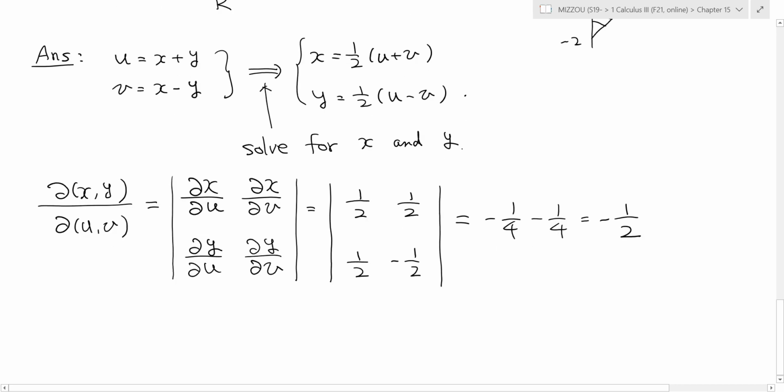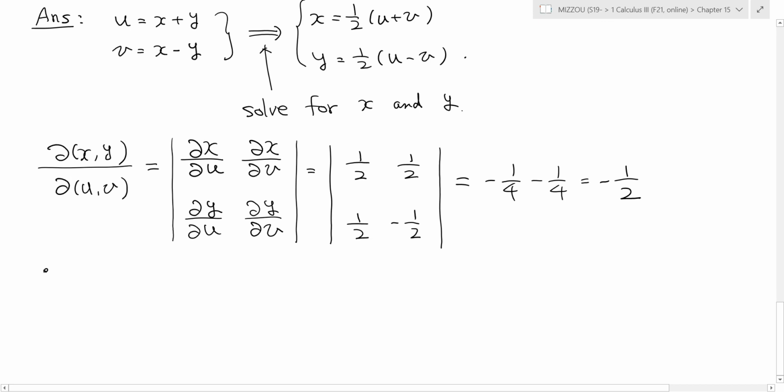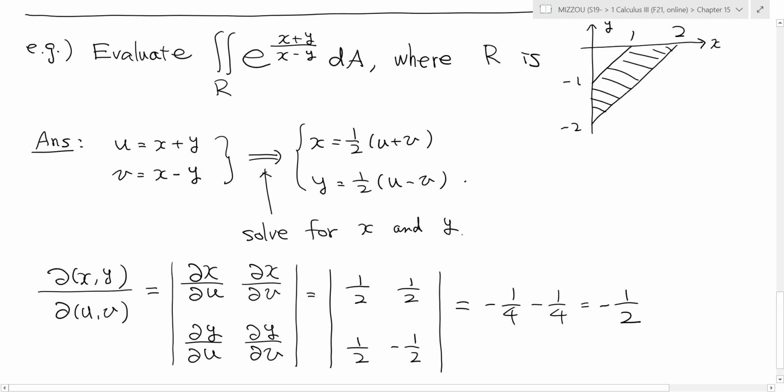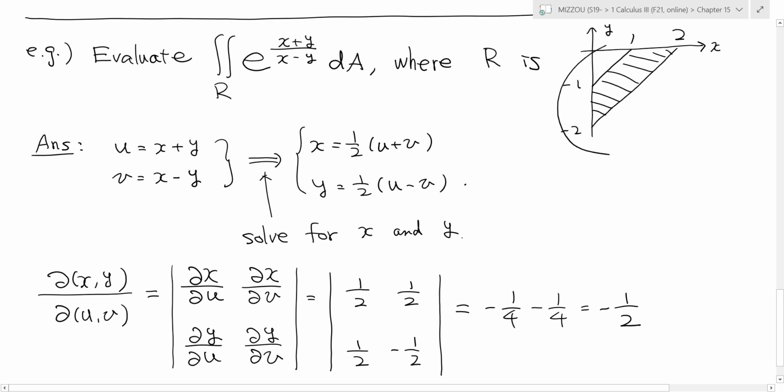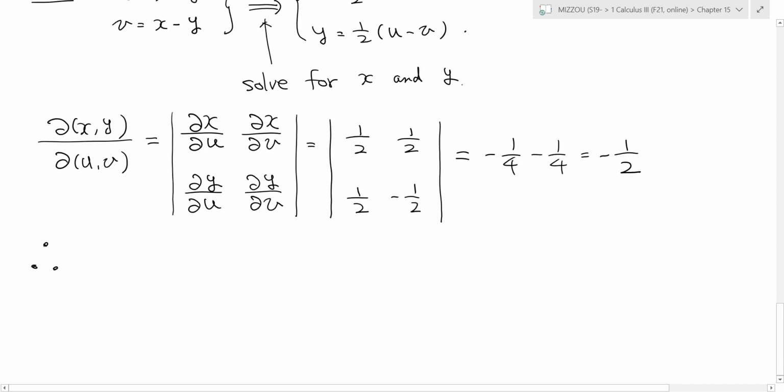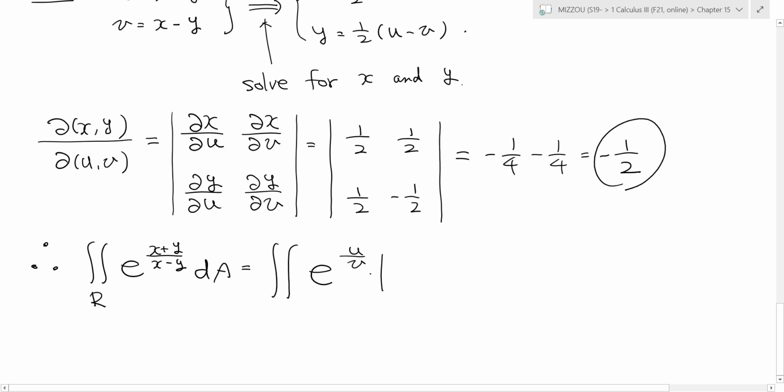Okay, so therefore, the given double integral over the region here is written as, dA is written as e to the power of u over v times the absolute value of the Jacobian and du dv.